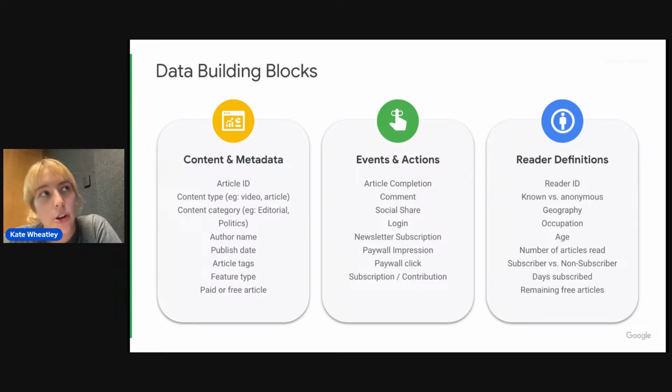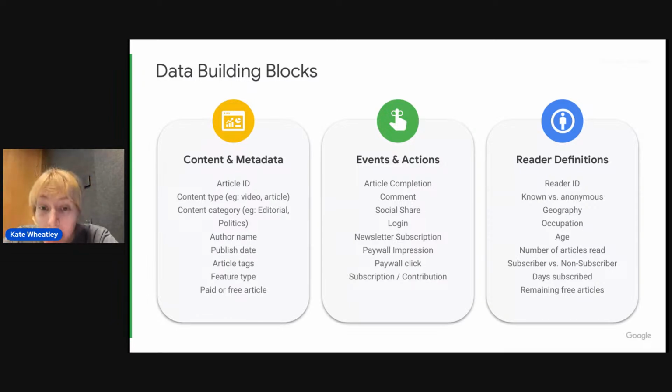Your newsroom might define a completion as someone who reads 75% of the page, or maybe you've got a page that has lots of ad space down the bottom, so article completion's actually happening at 45% down the page, for instance. That's just something to keep in mind, making sure that the scroll event, if you're using the out-of-the-box one, is actually matching your business definition of article completion. And we're going to look more at how that event is set up a little bit later on.